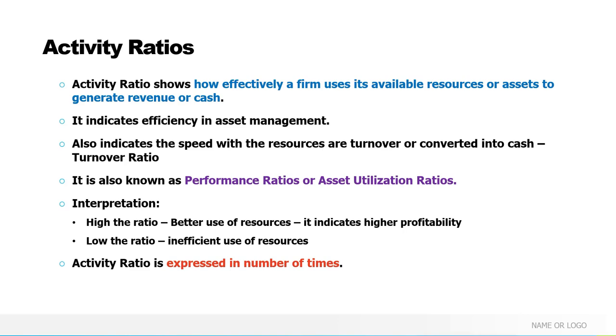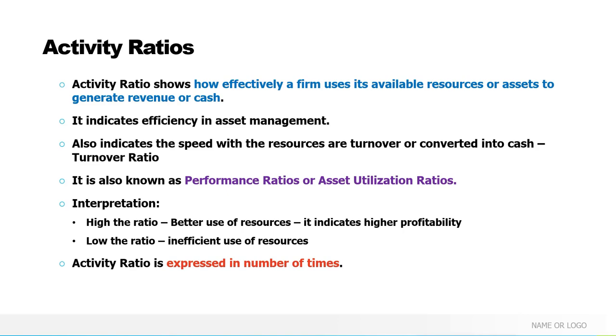The activity ratio shows how effectively a firm uses its available resources or assets to generate revenue or cash. From this explanation, we can understand that an activity ratio is used to measure the efficiency of the concern in using its resources or assets for generating revenue or cash.